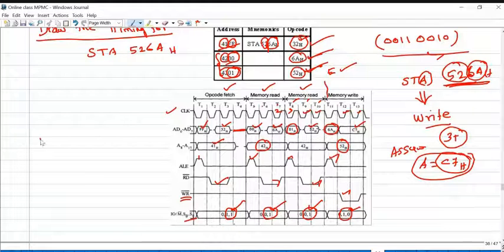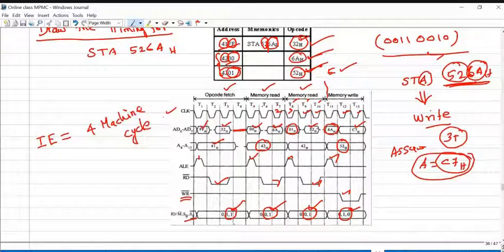So in this example, the instruction execution involves how many machine cycles? 1, 2, 3, 4. Total 4 machine cycles required: 1 opcode fetch, 2 memory read, and 1 memory write. Number of T states: 4 plus 3 is 7, 7 plus 3 is 10, 10 plus 3 is 13. 13 T states are required.